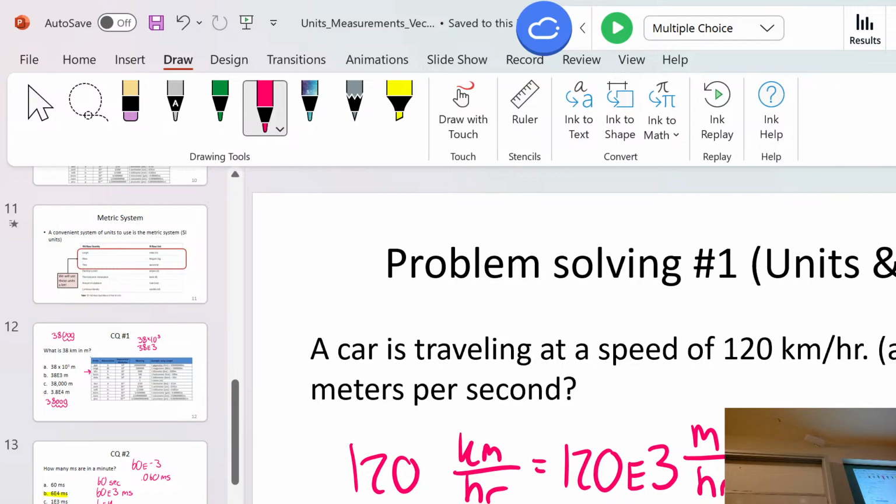When you're looking at this, you're like, do I divide by 60? Do I multiply by 60? You just think through what makes sense. If I'm going 120 times 10 to the 3, who cares? Let's just say it's 5 meters per hour. So every hour, this is how many meters I'm traveling. So does that mean I'm traveling more distance in seconds or less distance?